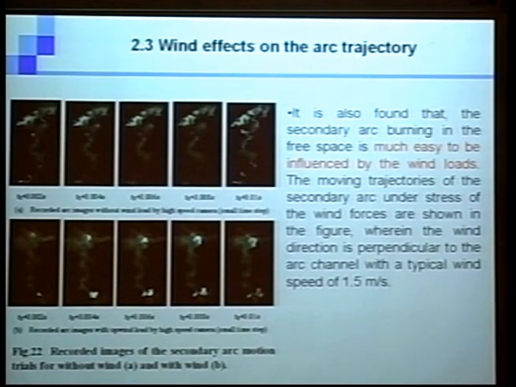The moving trajectories of the second arc and the stress of the wind forces are shown in the figure, and the wind direction is perpendicular to the arc channel with a typical wind speed of 1.5 meters per second. As we said, when we do experiments, we use fans to simulate the wind. Then we set the speed to this value.